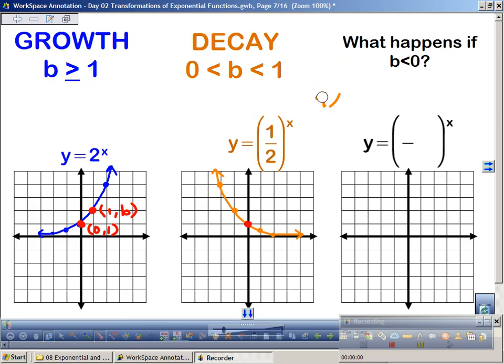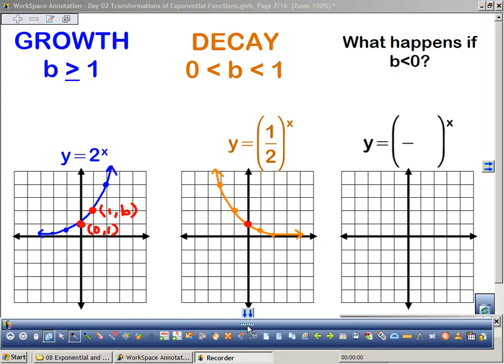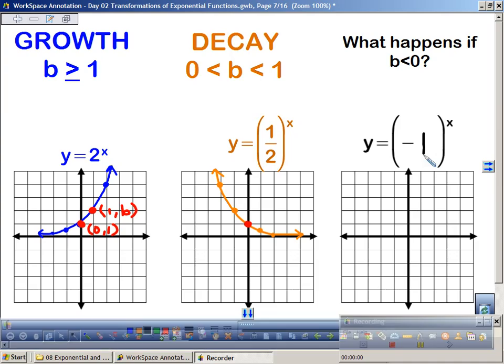Today I want to talk about what would happen if our base was negative. I'm going to start off with a base of -1. Can somebody tell me why that's impossible? Not because it's negative. Okay, let's debunk Sarah's theory.